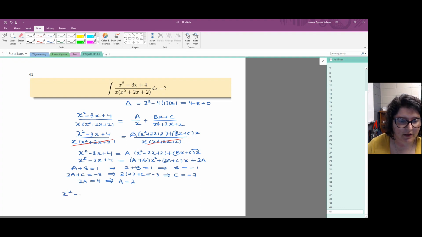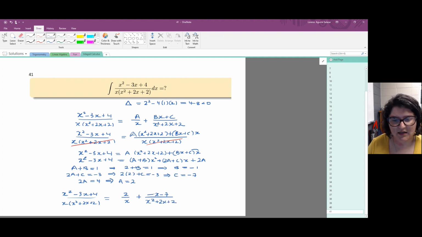So x squared minus 3x plus 4 over x times x squared plus 2x plus 2 is the same as 2 divided by x. Then b is -1 and c is -7, so we can write plus, and then minus x minus 7 divided by x squared plus 2x plus 2.